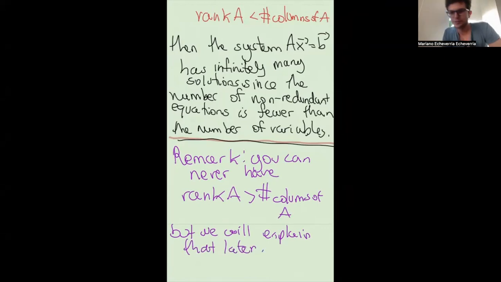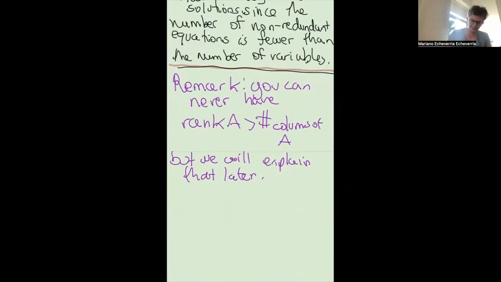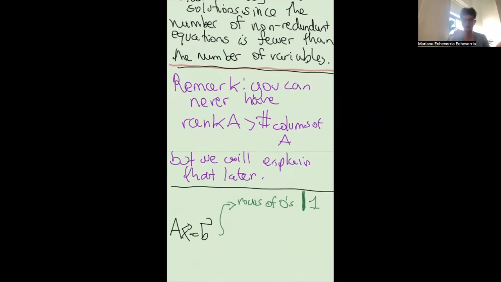Just to summarize what's going on here. You have a system AX equals B, and you have a row of zeros followed by a vertical line and a 1. That means you have an inconsistent system. So that's how you identify inconsistent systems: you'll get zeros, vertical line, 1. That will always happen. So that's easy.